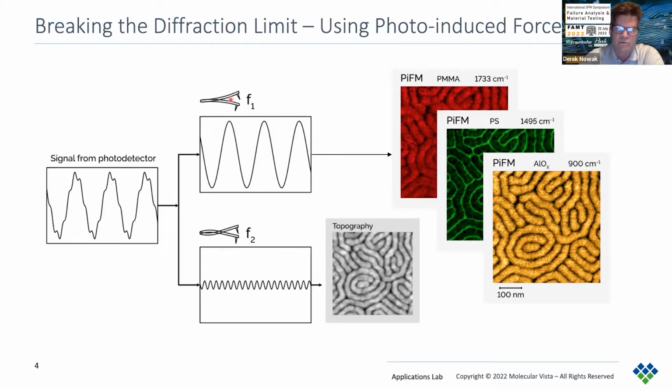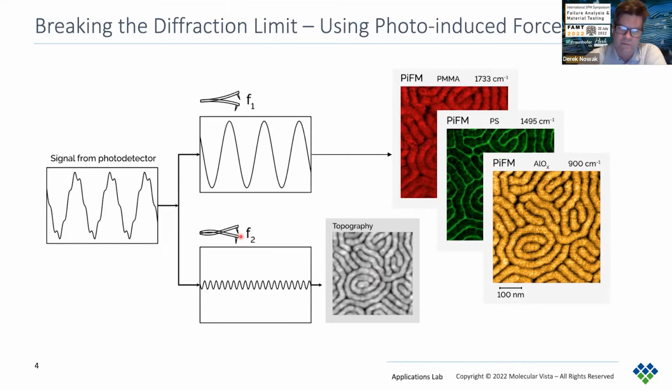Then what we're going to use is 2 mechanical modes of the cantilever: your fundamental mode, we'll call it F1, and your second mechanical mode, we'll call it F2. The way we employ this is we'll use that second mechanical mode to take the topographic measurement, which you'll be commonly used to. One of the reasons we like to do that is we get the cantilever very close to the sample, which gives us more force measurement in the absorption of the laser and the sample.